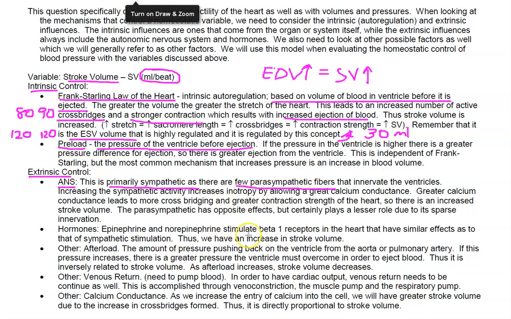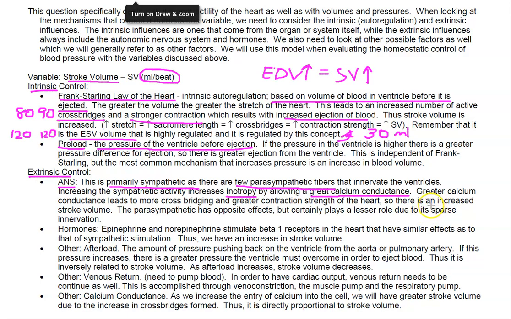So what happens with the sympathetic system is it increases the inotropic state of the heart. Remember, inotropy was the contraction strength, by allowing greater calcium conductance. The calcium conductance increases during sympathetic stimulation because it opens calcium channels through the beta 1 receptors.